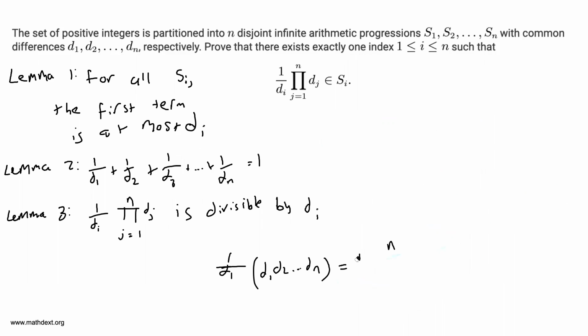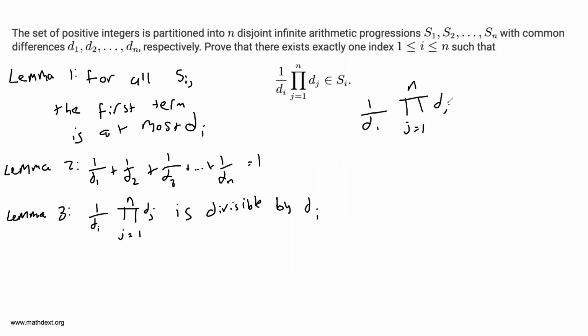Now let's go down to the actual proving. Okay? So let's look at i equals 1. So this 1 over d1 times the product of all the di's, j equals 1 to n of dj, right?